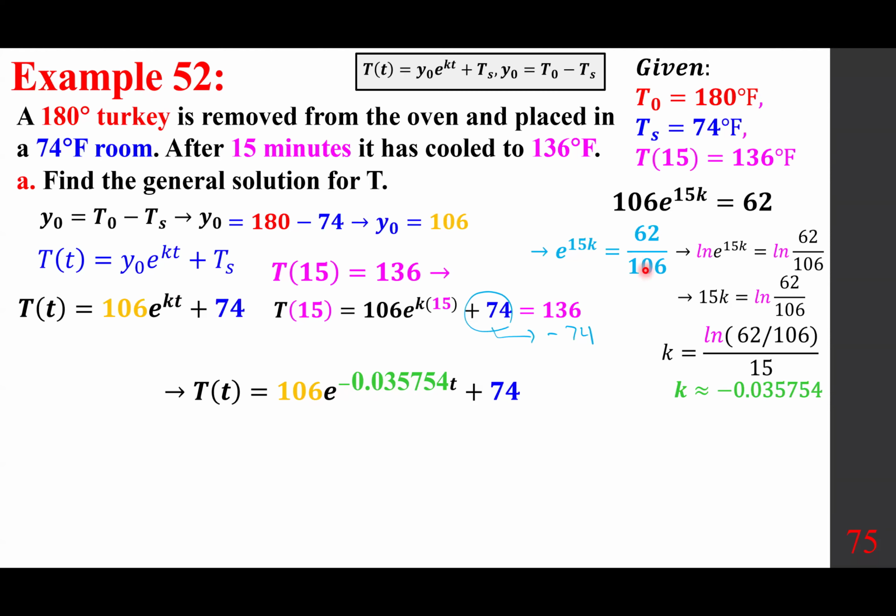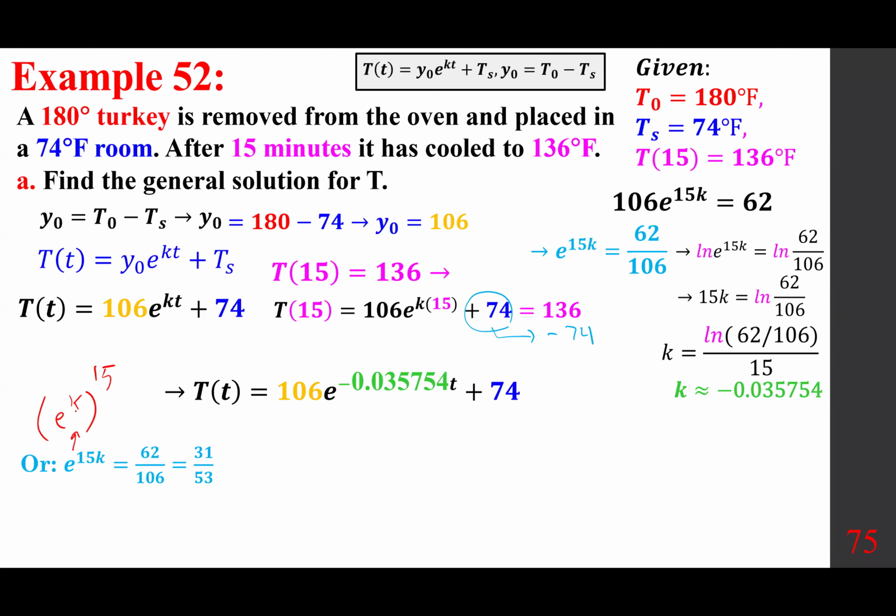So when we are here, we're going to simplify this. Take a look at this one. We're going to simplify this into 31 over 53. Then we solve for e to the power of k. Notice this is e to the power of 15k, which means it's the same as saying e to the power of k, to the power of 15. That means the same thing, right?